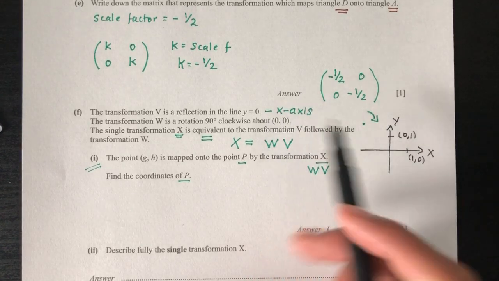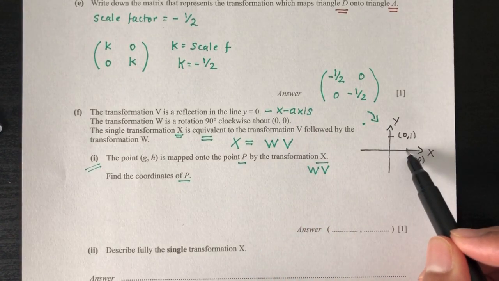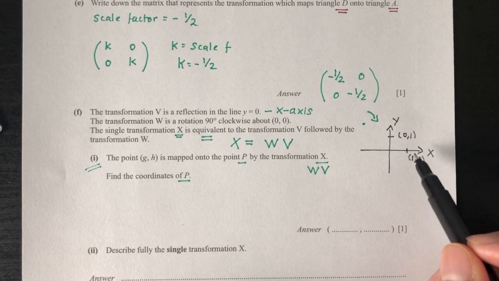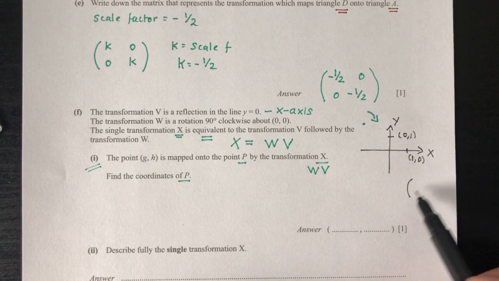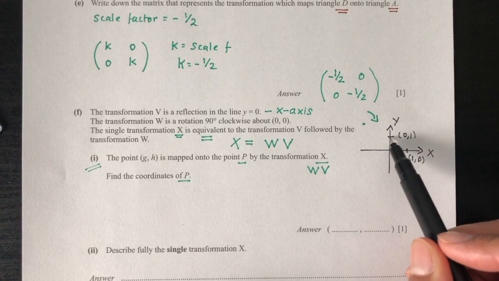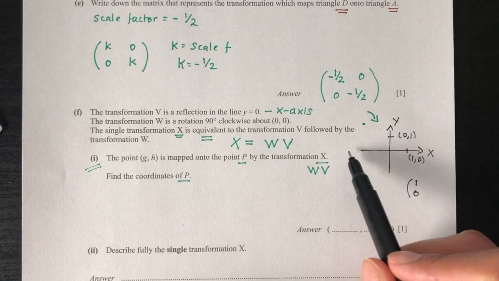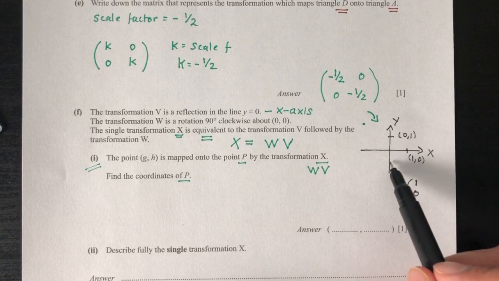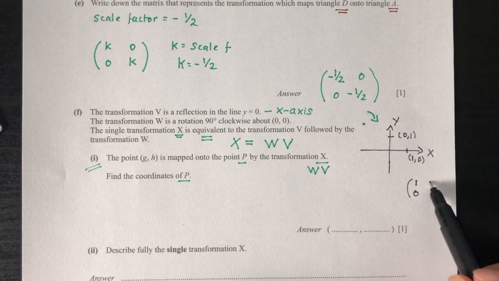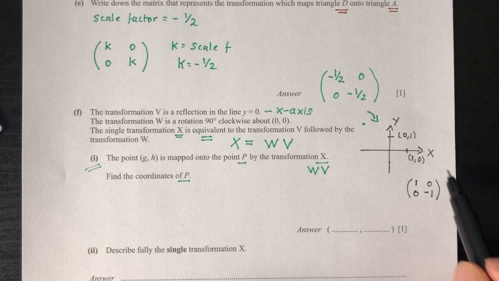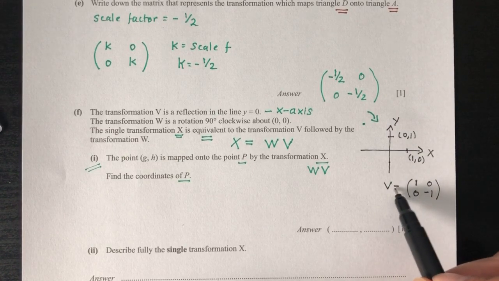If you were to reflect this point on the x-axis, it will still be in the same spot, so the first point will be the same: 1, 0. Now how about this one? If you reflect it on the x-axis, it will become this point, so it will become 0, minus 1. So that is your matrix of V.